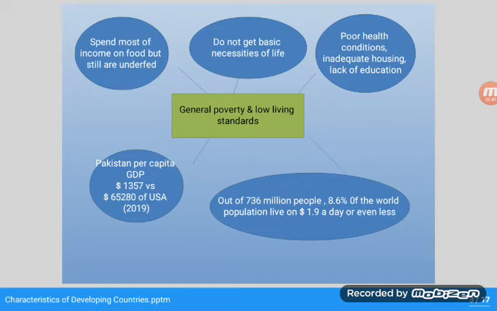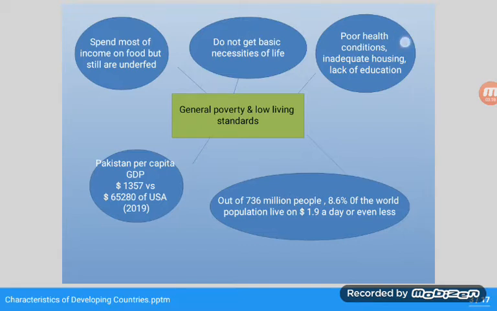Now, what happens in these countries is people earn less, and they spend most of their income on food. Still, they are underfed, and if they spend most of their income on food, this means they are not getting the other necessities of life.